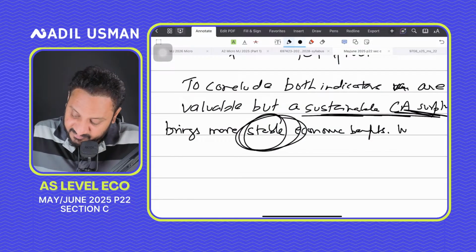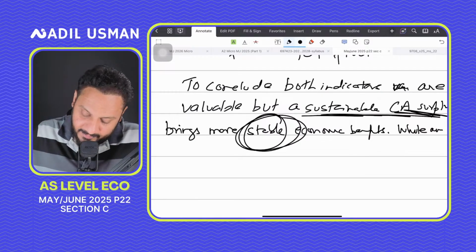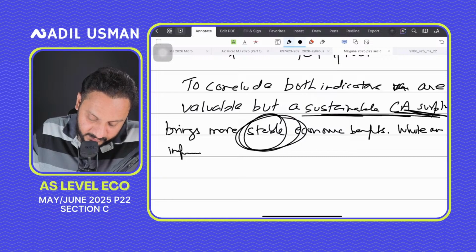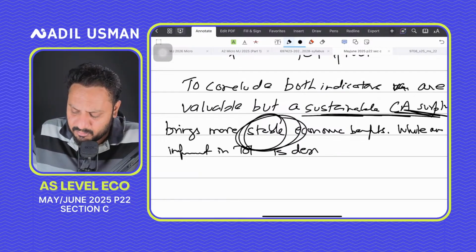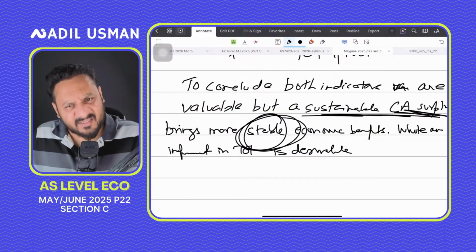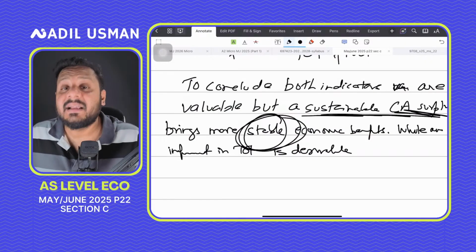Systemic economic benefits, while an improvement in TOT is desirable. We all want an improvement in TOT. It is desirable. I'm not saying beneficial. Desirable.